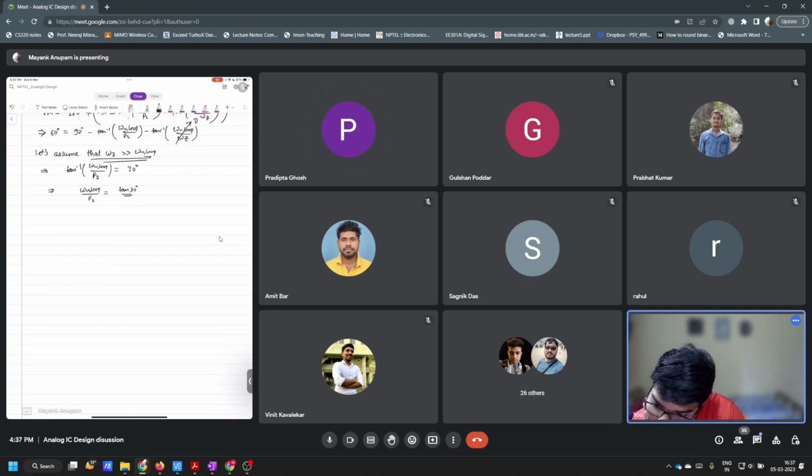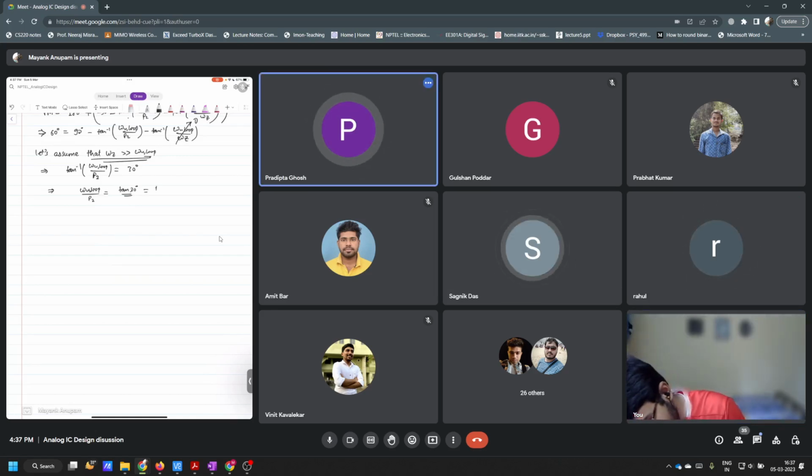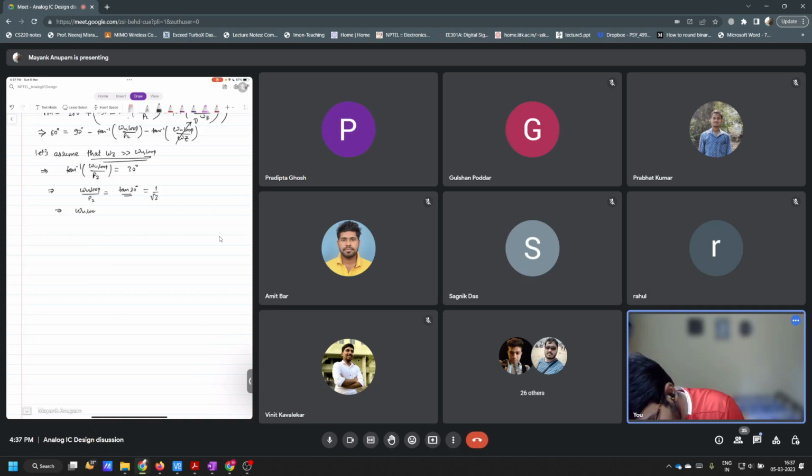So omega u loop over P2 is 1 over root 3, so P2 comes out to be root 3 times omega u loop, correct?